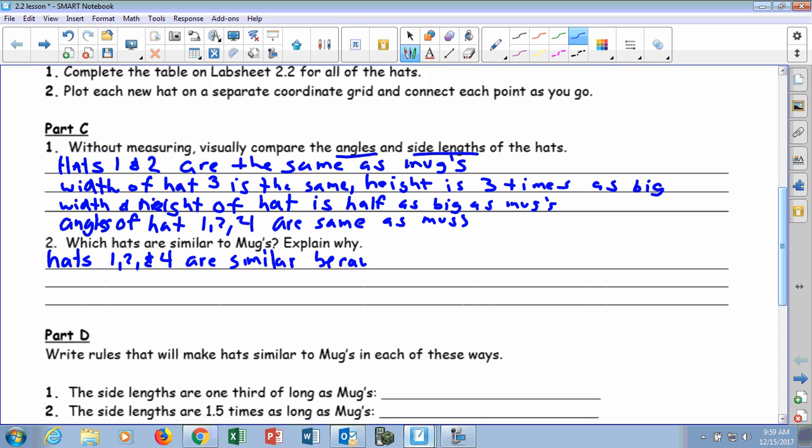Because they have the same shape. Corresponding angles are equal.